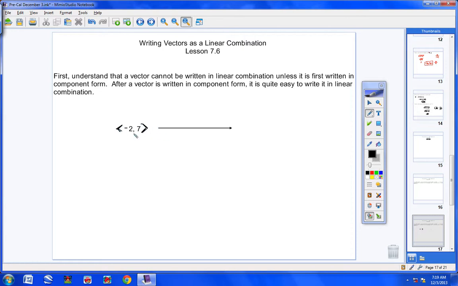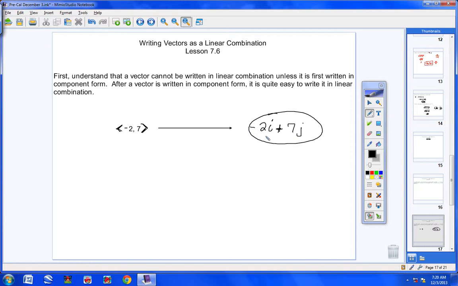Do you know how to write that as a linear combination? There. It's that easy. You take your first number, negative 2, and you put the letter i with it. You take your second number and you put the letter j with it. And of course you have to put your sign. If it's positive, you put a positive. If it's negative, you put a negative.